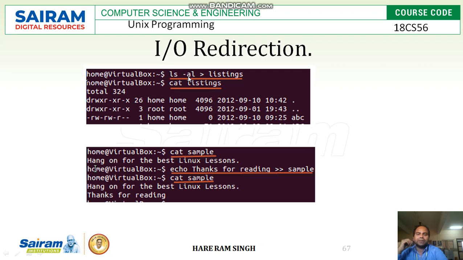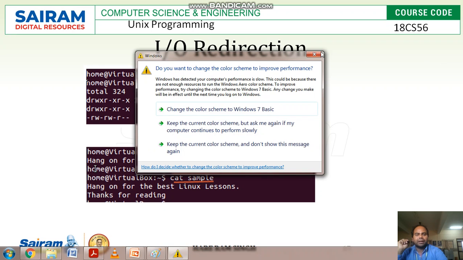For example, say we put the command ls -al. What will it display? It will display all the files present in the present working directory, on the output screen, the standard output.